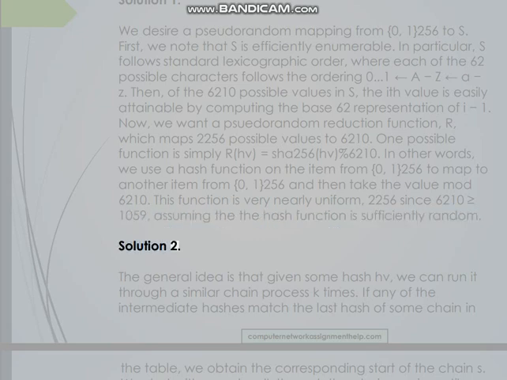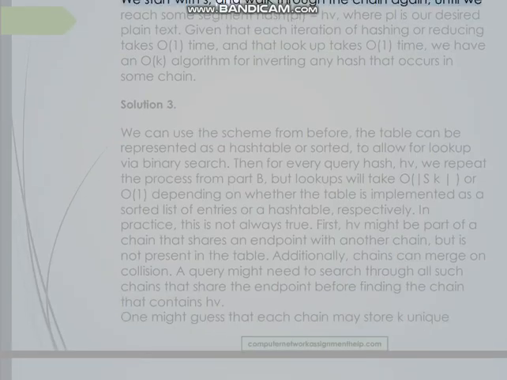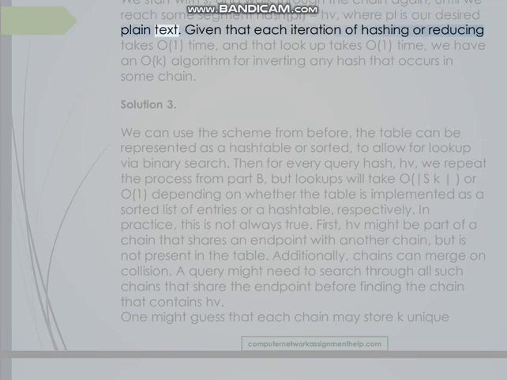Solution 2. The general idea is that given some hash HV, we can run it through a similar chain process k times. If any of the intermediate hashes match the last hash of some chain in the table, we obtain the corresponding start of the chain S. We start with S and walk through the chain again until we reach some segment hash PL equals HV, where PL is our desired plaintext.